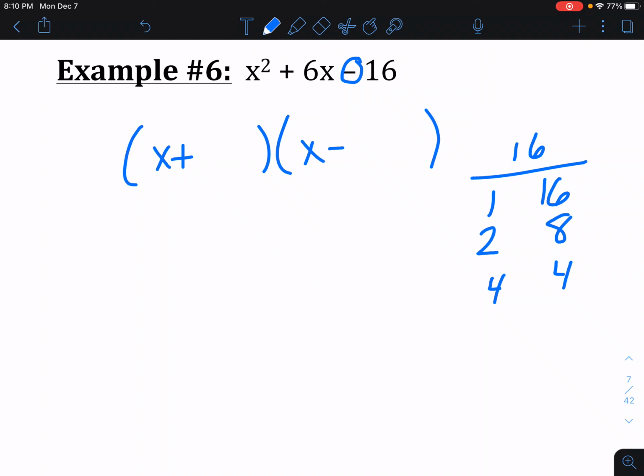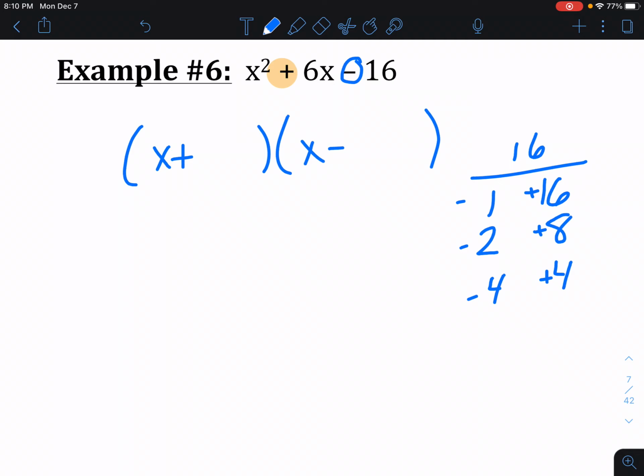So now I look to the B term. Remember what I said on example 5? The sign of B goes to the bigger number. So the sign of B is a plus. That means my bigger numbers will get the pluses, and my smaller numbers get the minuses. So which of those subtracts to get the B term?